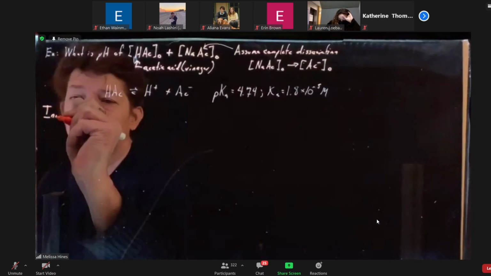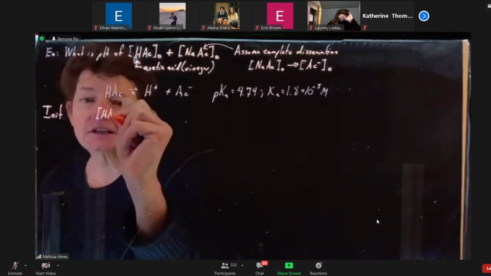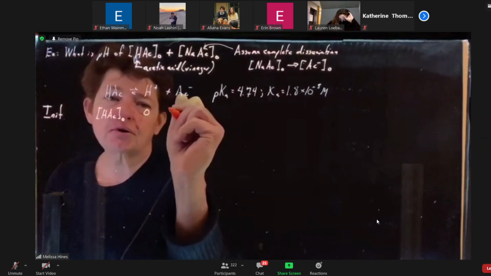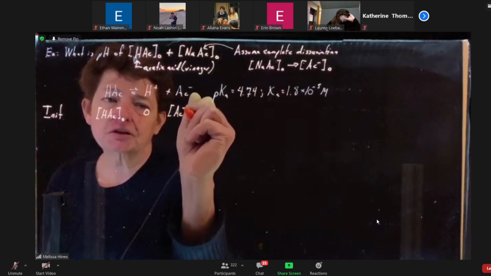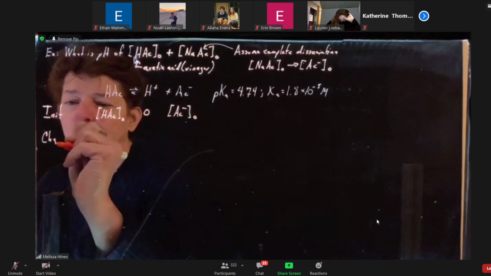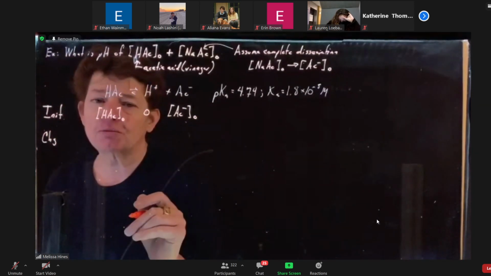So now we have our initial concentration. Our initial concentration of acetic acid was the concentration of acetic acid naught, no protons, and then we had our initial concentration of acetate ion. Now our change, the only thing that can happen is some of the acetic acid can dissociate because we have no protons.